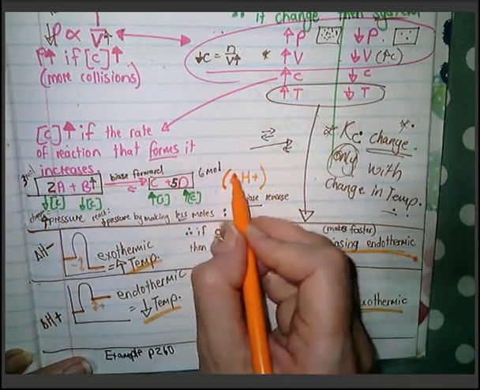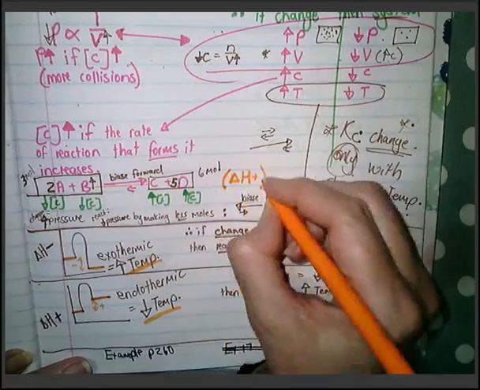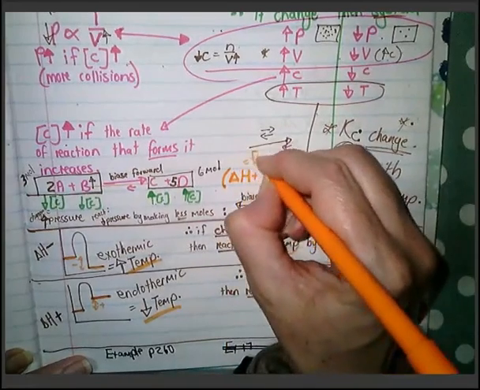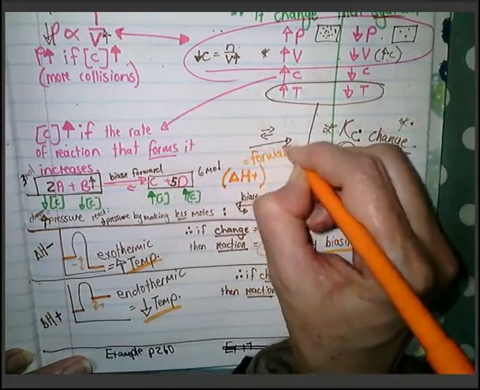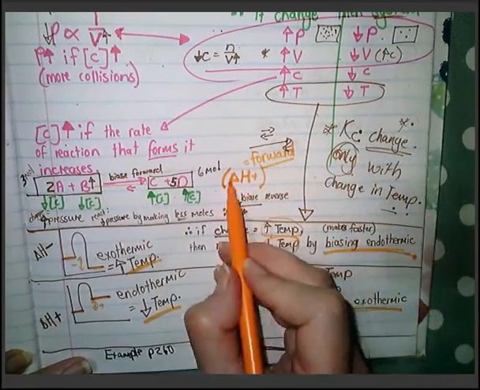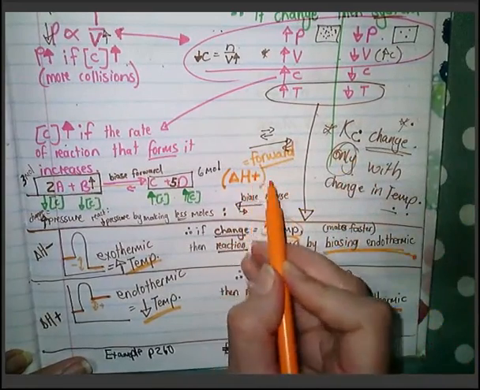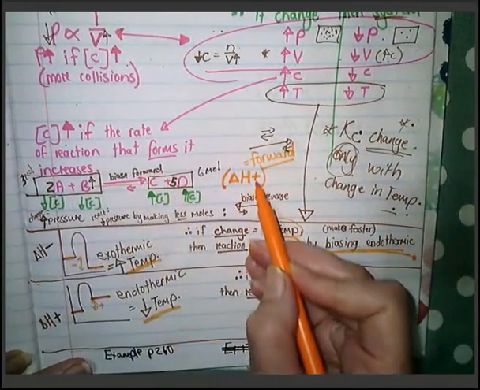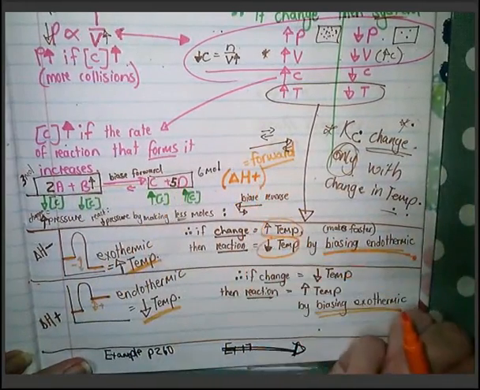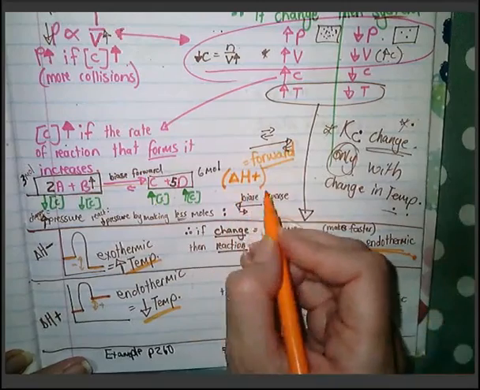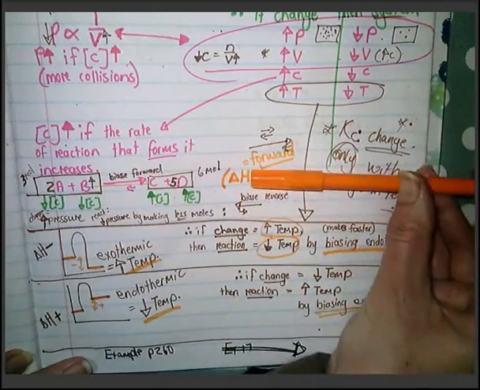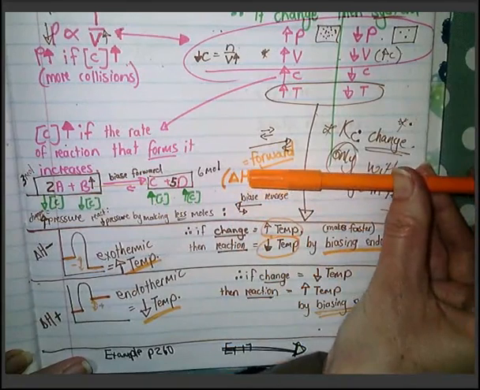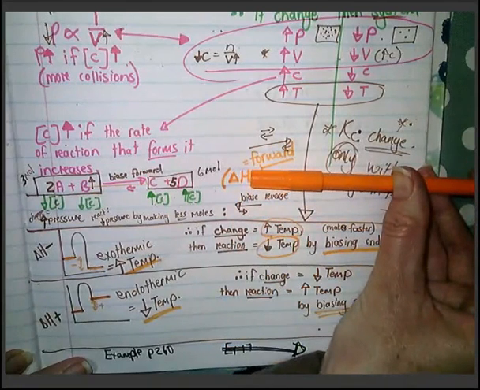Whatever they write in that bracket always counts for the forward reaction. So if they say in brackets delta H is positive, it means the forward reaction is endothermic. If they write delta H is negative, it means the forward reaction is exothermic. Okay.